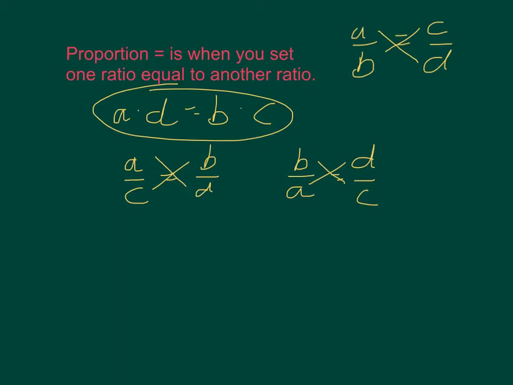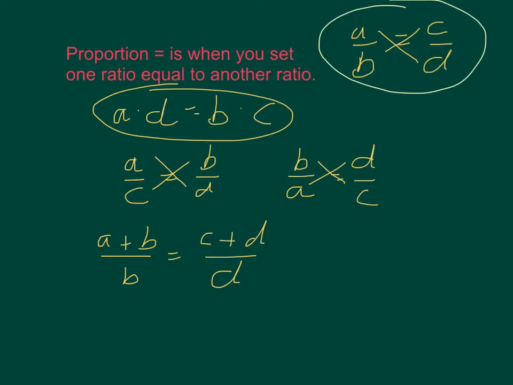Now, the final way to write this would be A plus B all over B equaling C plus D all over D. All right, I need you to know all four of these ways to write this proportion.